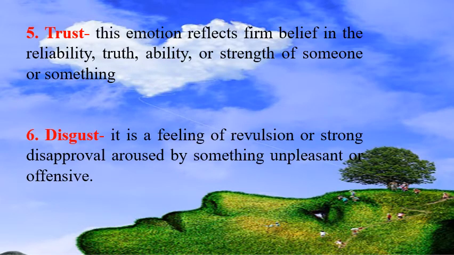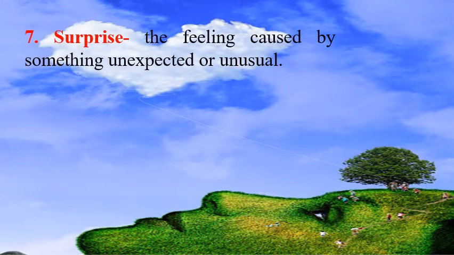Then number 6 is disgust. It is a feeling of revulsion or strong disapproval aroused by something unpleasant or offensive. If you felt annoyed or something surprised you badly and you get disgusted, that is an example of disgust. Number 7 is surprise.